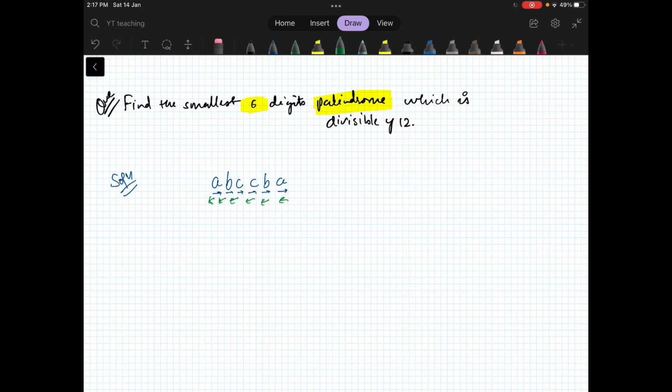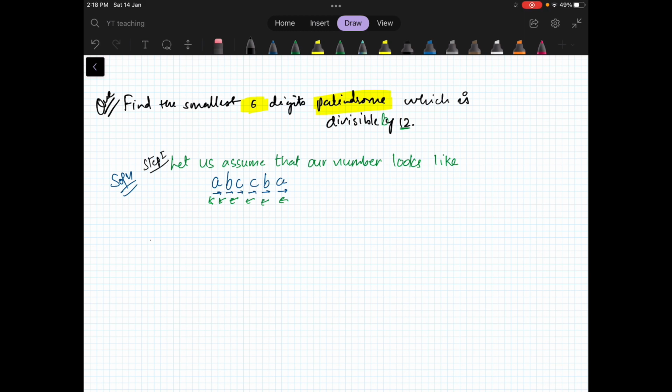So the digits should be ABC CBA. So let us assume that our number looks like this. Now you want your number to be divisible by 12. So the next thing you should know is the divisibility test by 12. So this is our step 1.